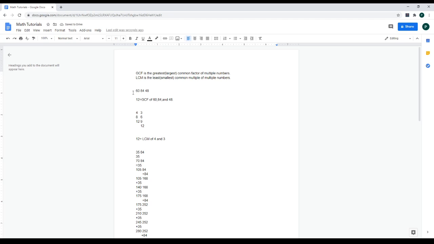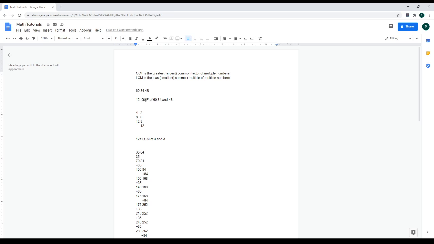The third largest one is 16, which also doesn't work for 60 and 84, because 60 divided by 16 is 3.75, which also would not work.